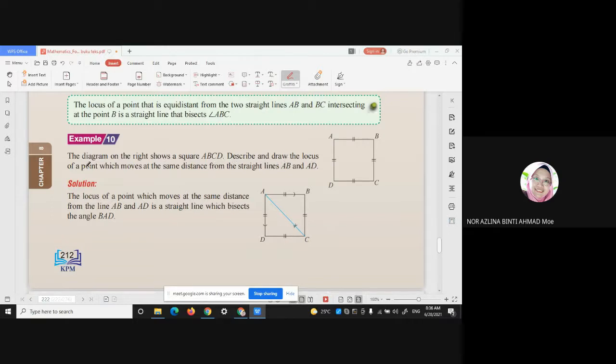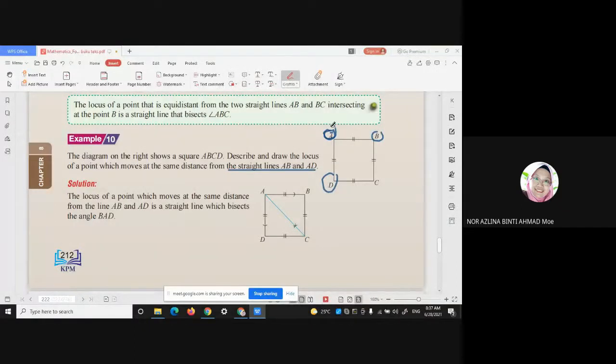Describe and draw the locus of a point which moves at the same distance from the straight lines AB and AD.